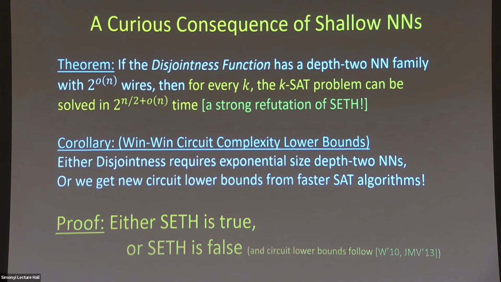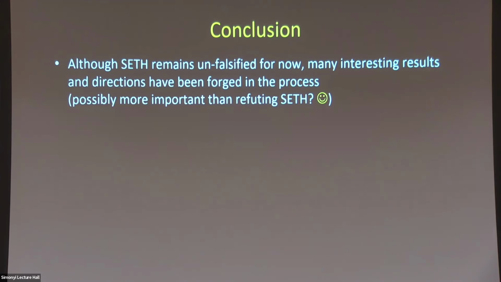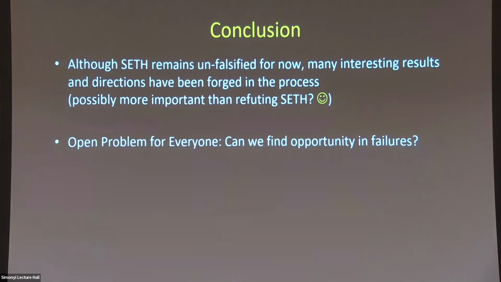Let me just jump to the conclusion. Although this SETH thing is unfalsified for now, there are many different directions and results that I proved, probably more important than refuting it. Of course, I've had many more failures that were simply failures with no apparent opportunities. Complexity is a tough subject, but an open problem for everyone is how do you find opportunity in failures?